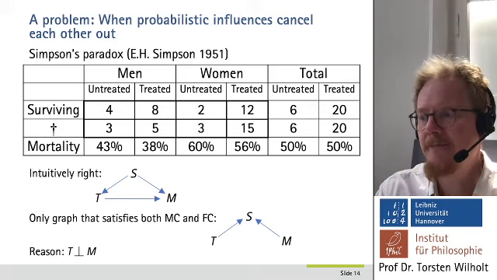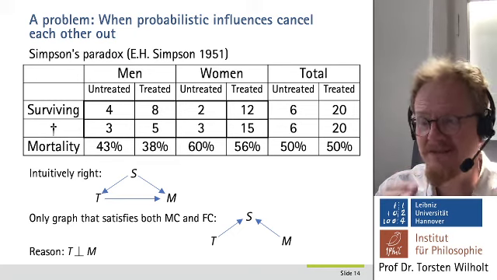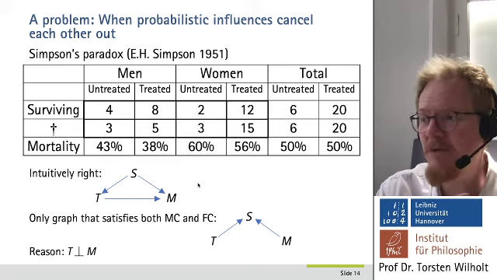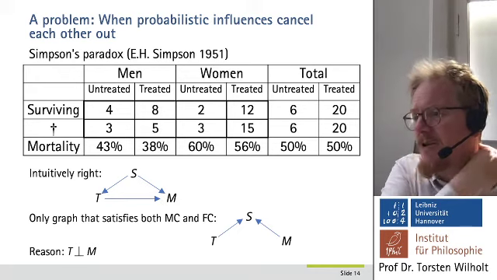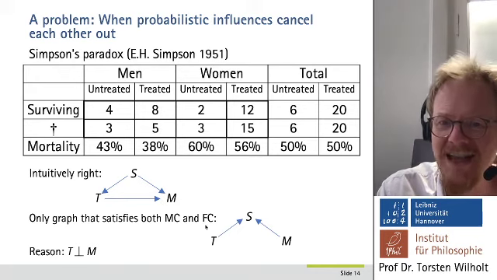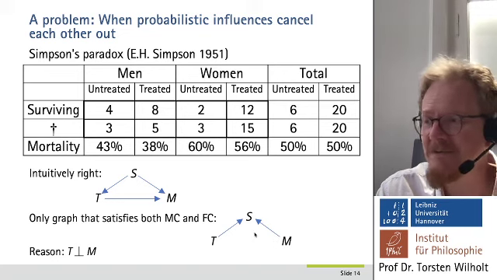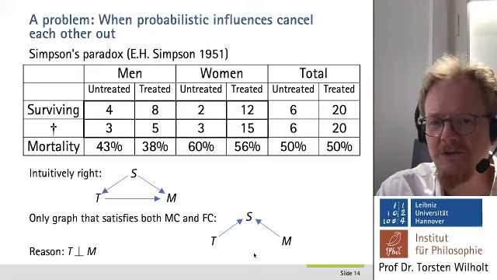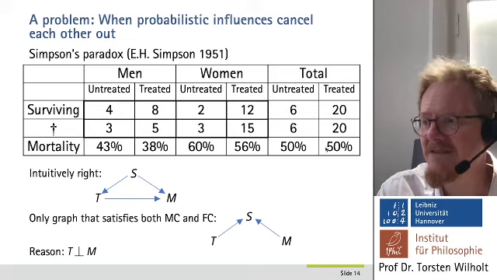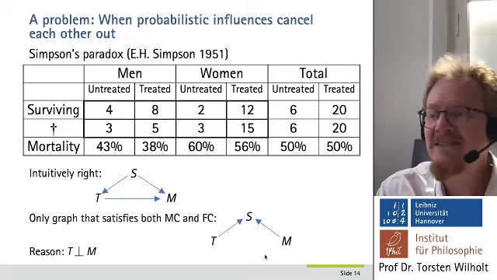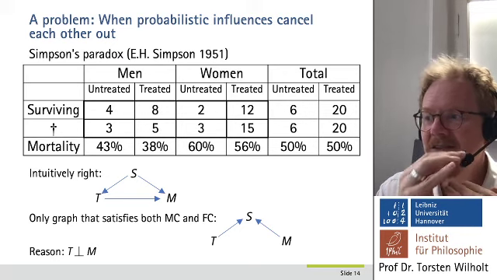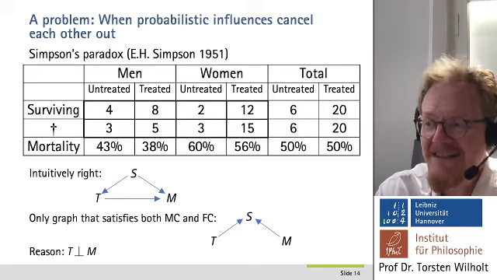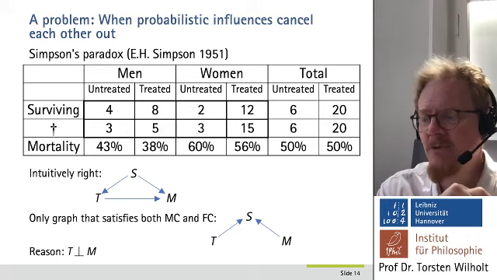Then that would be weird, because the only thing you could say is that it might be very improbable, but in possible worlds where this actually happens, that is the causal structure. And then that means, yes, that sex is caused by treatment and mortality.